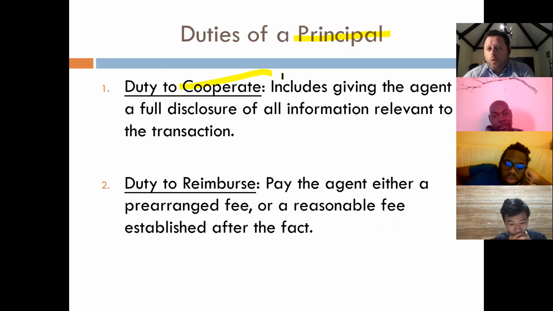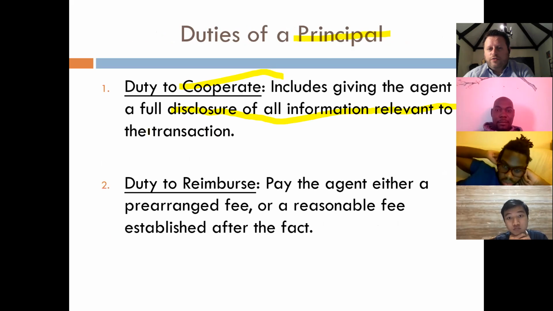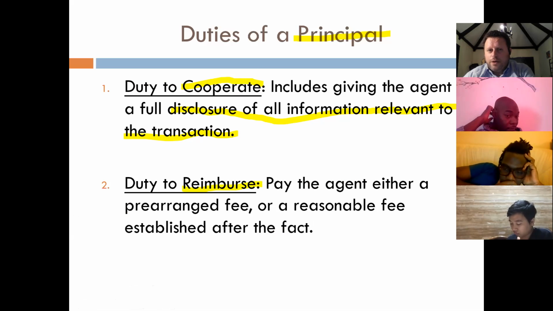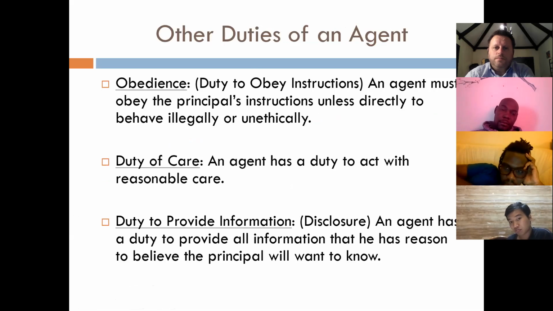This is the duty to cooperate, which is the duty to give disclosure of all information relevant to the business. He had information that was relevant, that the quality of the silk went down, and he did not give that information to James. Then also the duty to reimburse. He needs to pay his agent, and he didn't pay him the 10%. So I think there are some problems there.